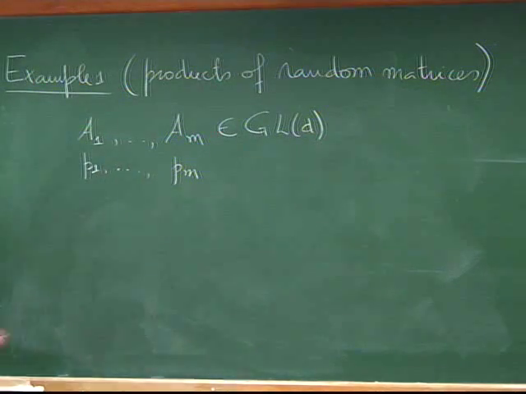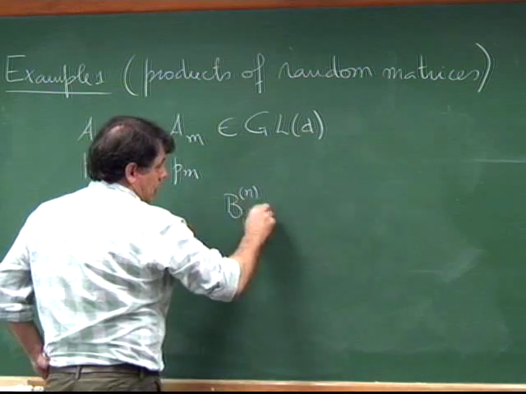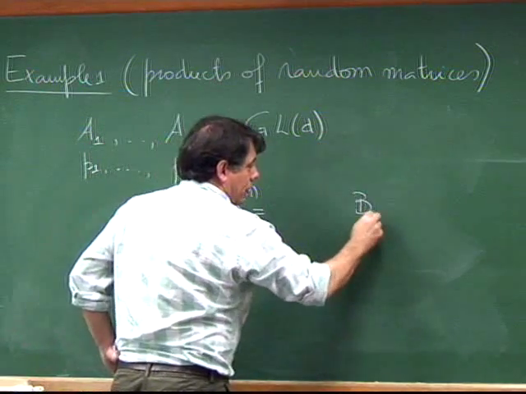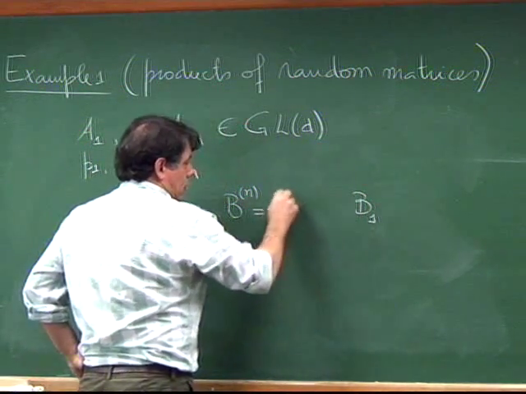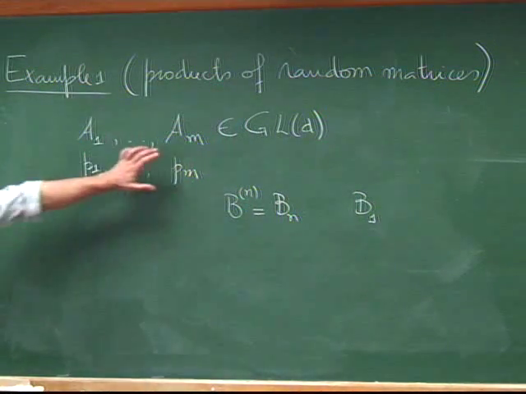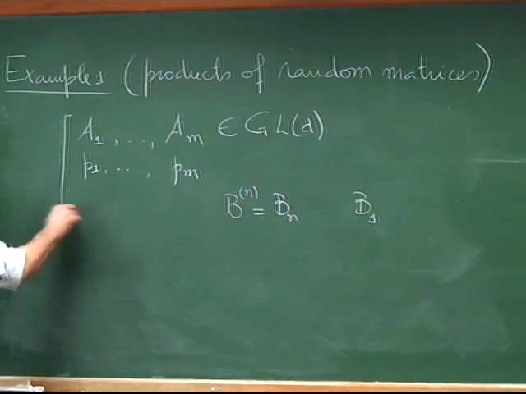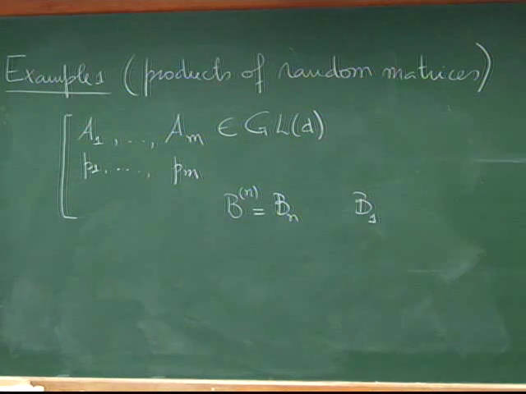And we were looking at random variables obtained by multiplying random choices of matrices in this set according to this probability. So this was the model that we had yesterday. I'm going to explain how you can realize it with this language.